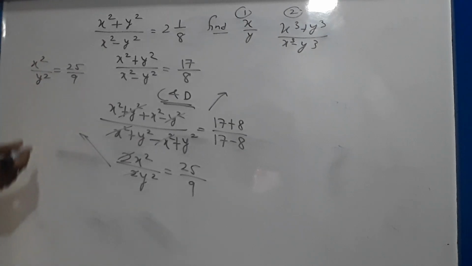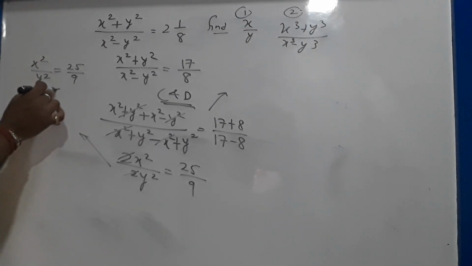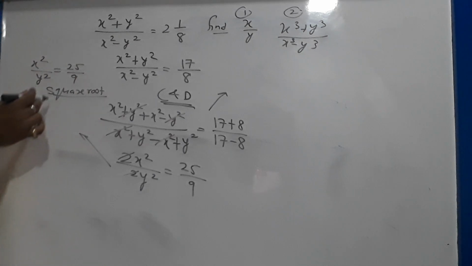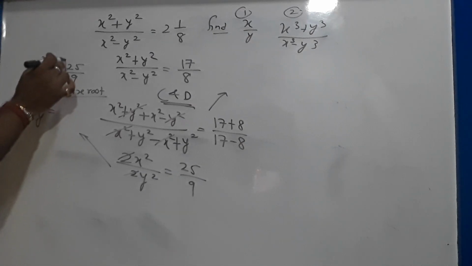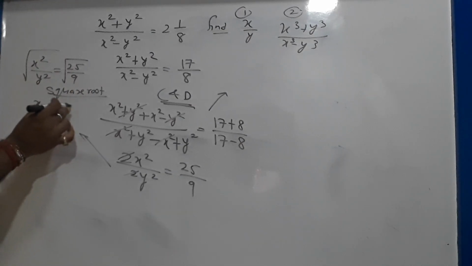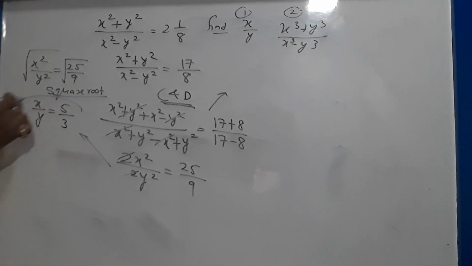So it is a square. Taking square root on both the sides, you will get x upon y is equal to square root of 25 upon square root of 9. Square root of 25 is 5, square root of 9 is 3, so x upon y is 5 upon 3.